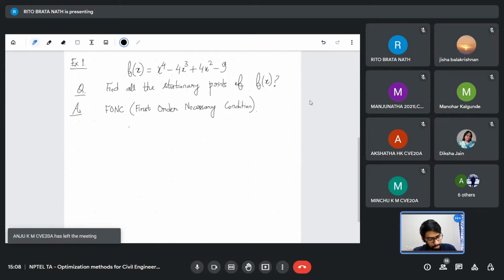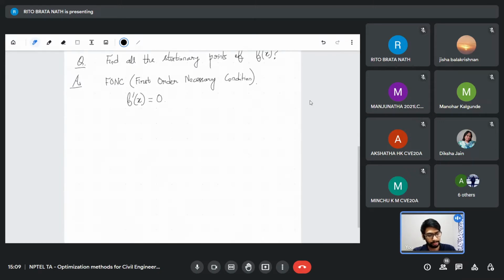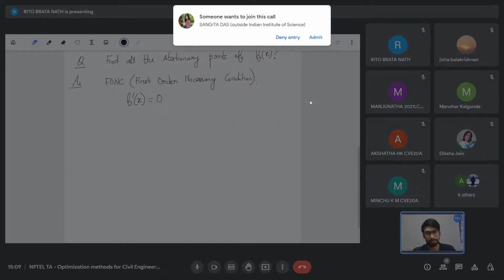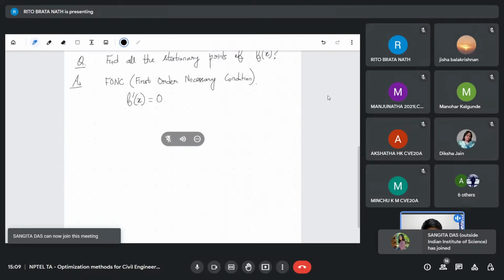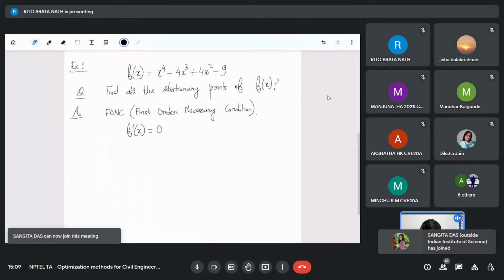That essentially tells you that f prime x, the first derivative of this function, has to vanish at that point. Suppose at x equals a it vanishes, then a becomes a stationary point. Now let me apply this to this function.